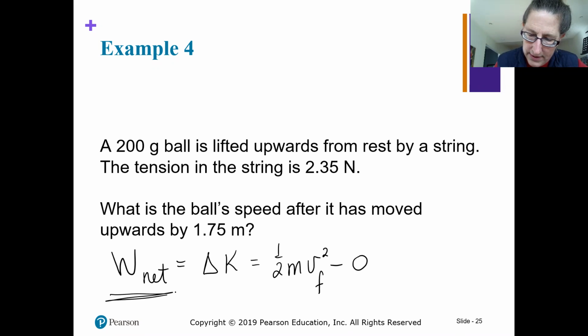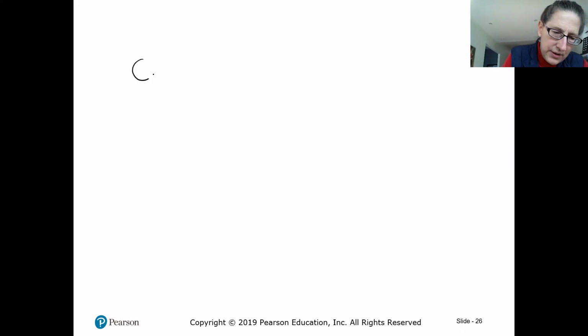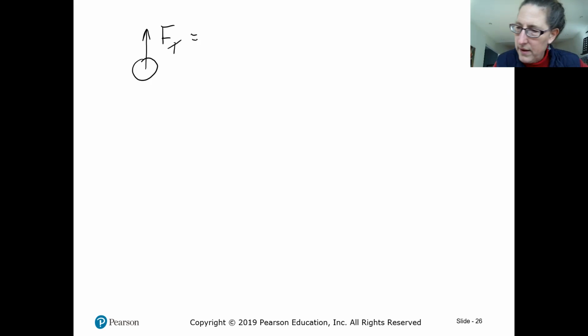So when we're doing net force, remember this ball is being lifted, and it's got the force of gravity on it. Somebody's lifting like this, force of tension, and that is 2.35 newtons.